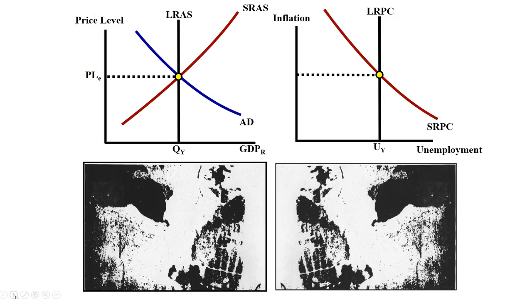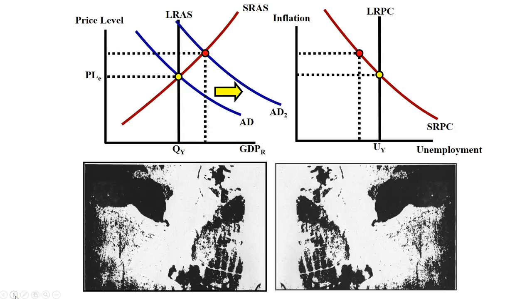If I go back to this side-by-side look and I add aggregate demand, think about how this might play out. If I see a shift of aggregate demand on my macro equilibrium model to create an inflationary gap, what I'm going to see on a Phillips curve is that I've moved along the short-run Phillips curve to a situation that is to the left of the LRPC.